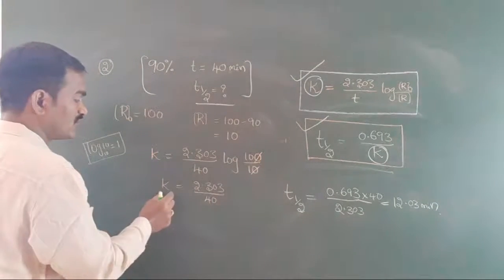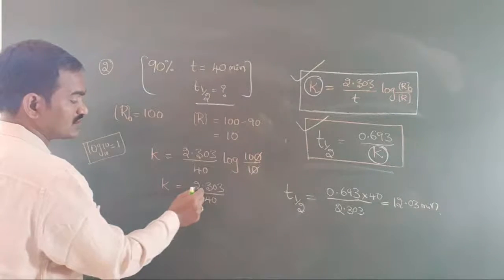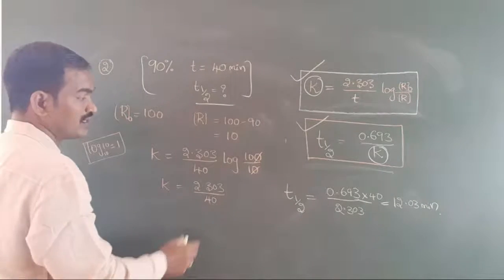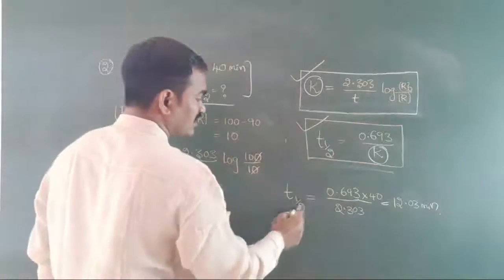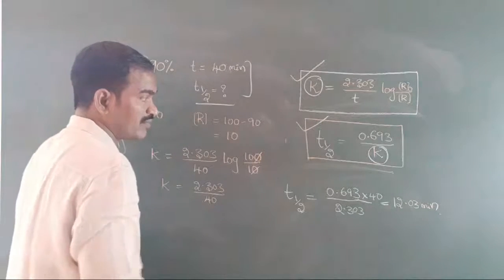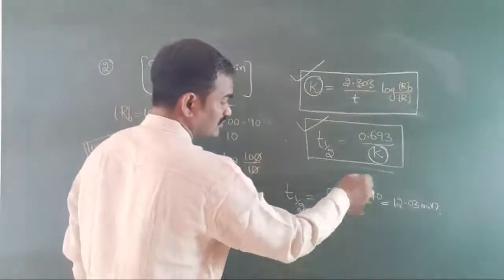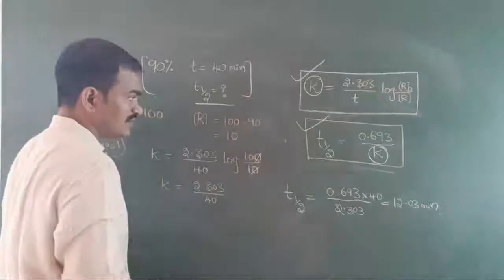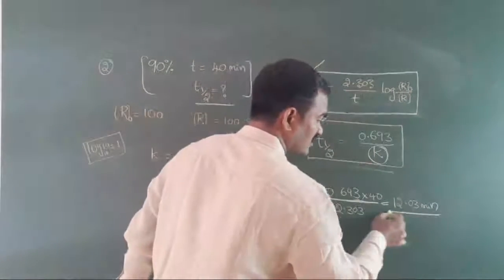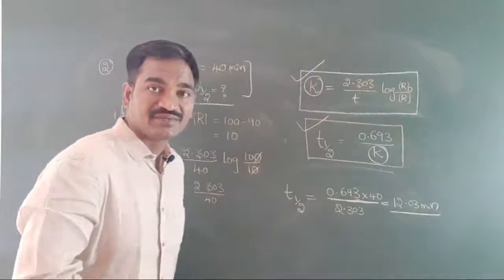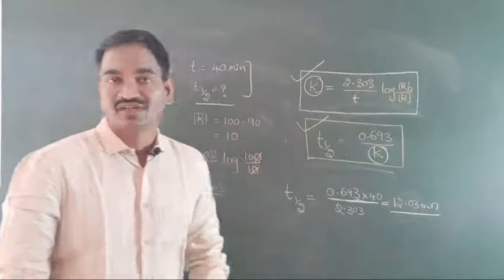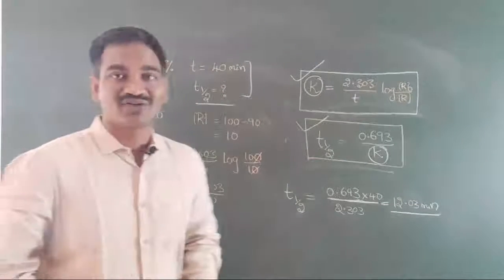So if you substitute, K value is equal to 2.303 by 40, where 40 is the time. This value I am going to substitute here. T half is equal to 0.693 by 2.303 by 40, and 40 goes upside. Finally we will get the answer: the half-life for this reaction is 12.03 minutes.